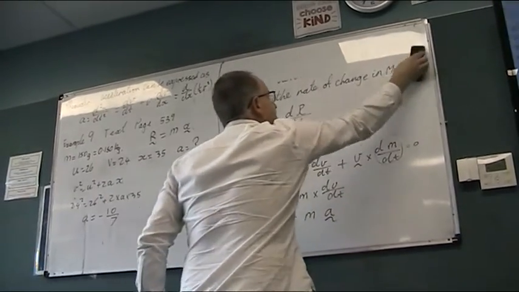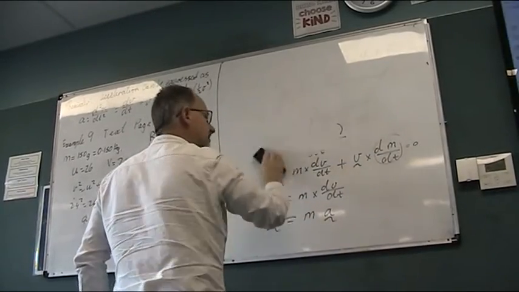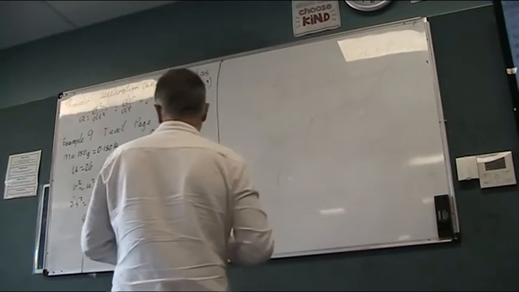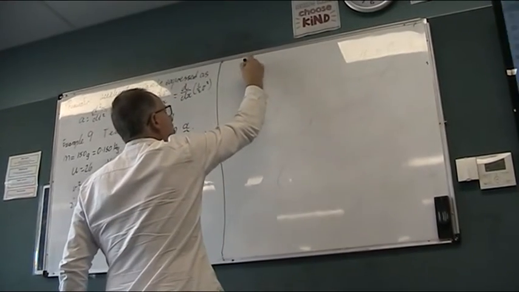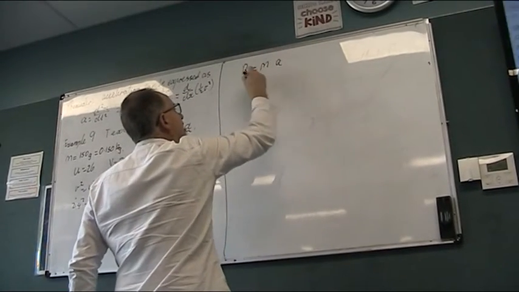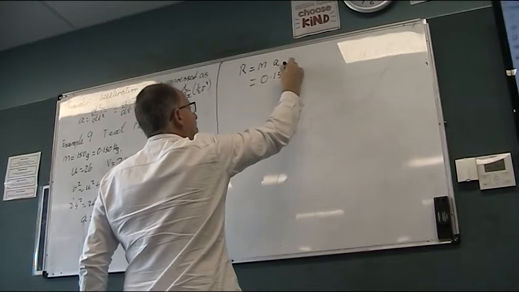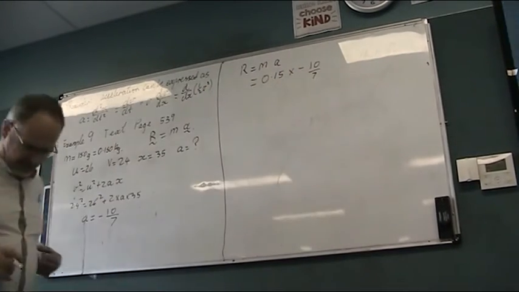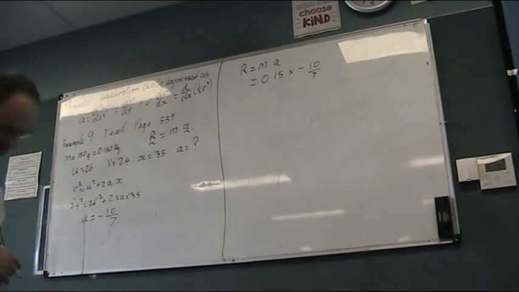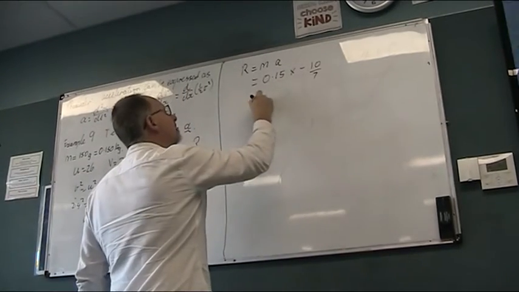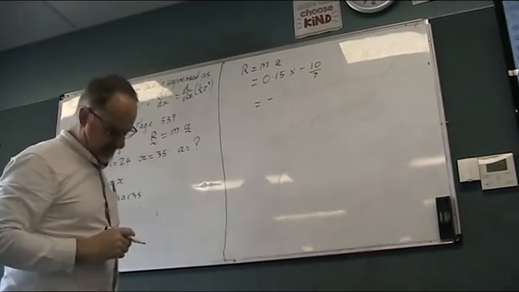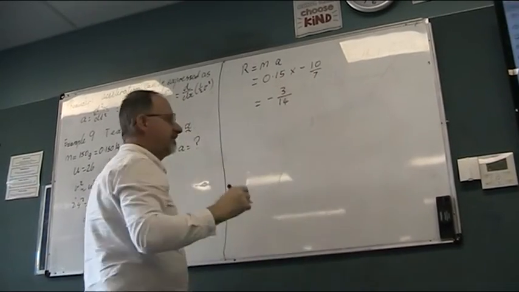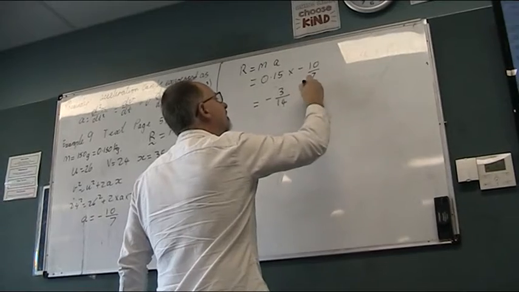So if we know the acceleration, we can calculate the resultant force. The mass is 0.15, times 10 over 7, and according to my one I've prepared earlier, it becomes negative 3/14 newton.